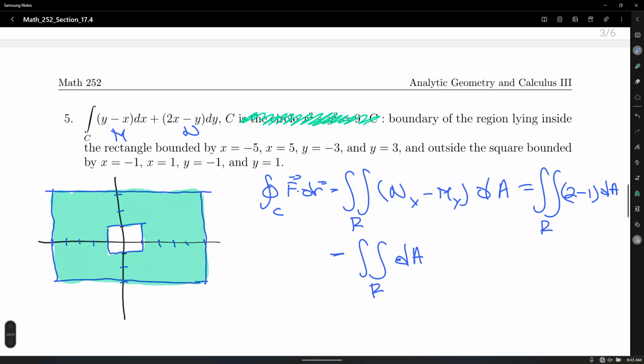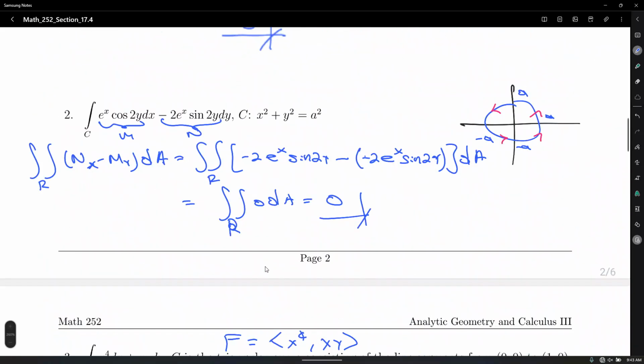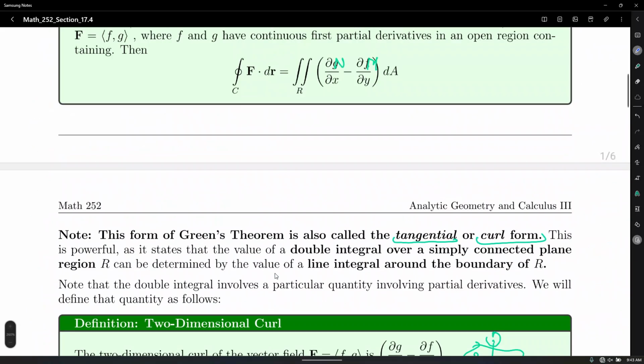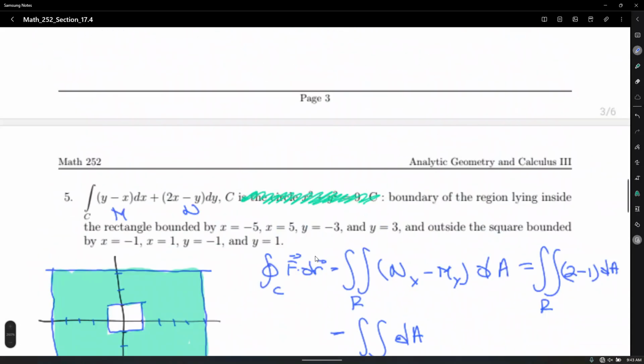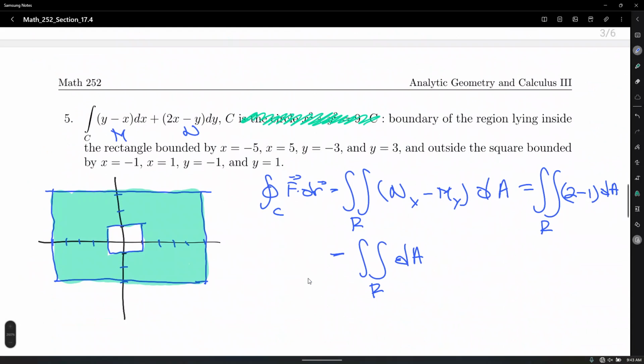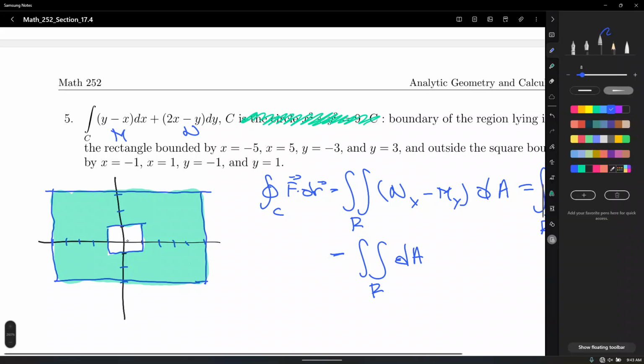Oh, hold on. Let me go back to the definition of the theorem. R must be a simply connected region. So in a way, this region violates Green's theorem requirement to have a simply connected region. It's simple but not connected, because you have this bound over here and the bound inside.